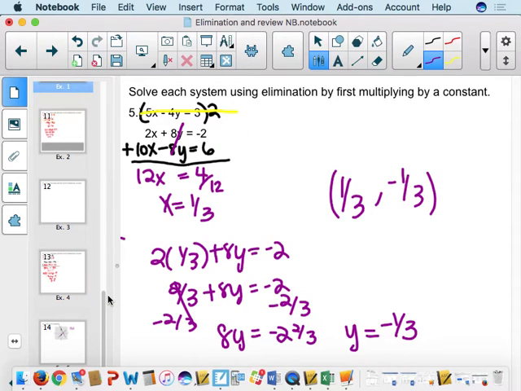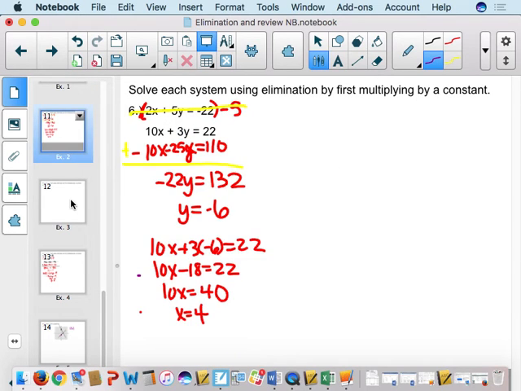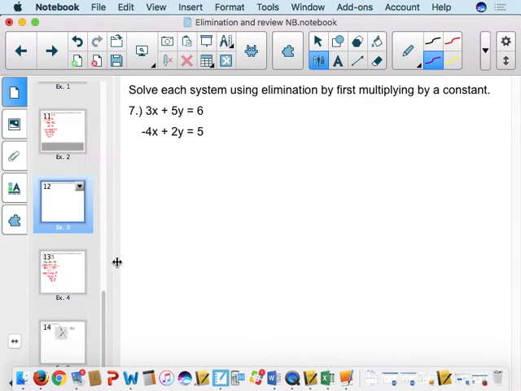We're going to look at example 7, and this will be the last one that we work together. The unique thing about example 7 is that neither one of the numbers are factors of each other.